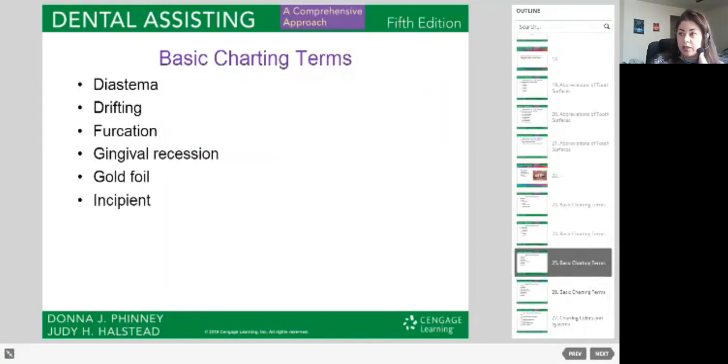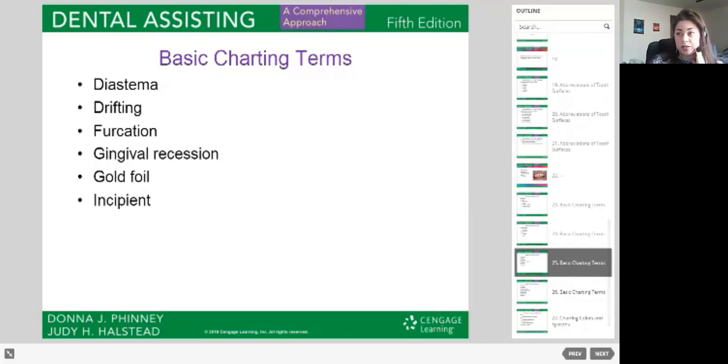This is usually followed by or preceded by bone loss. So if you have periodontal disease, for example, and you're having a lot of plaque buildup below the gum line, it's going to cause bone recession and then gum recession. So you'll have both of those happening.